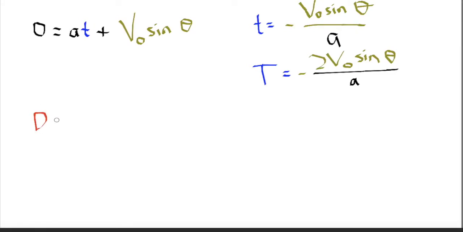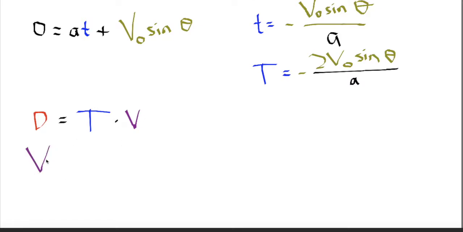Now, we know that there is a formula which says that distance is equal to time times velocity. We know what time is, and in order to figure out velocity, we can just realize that velocity is equal to v naught times cosine theta.